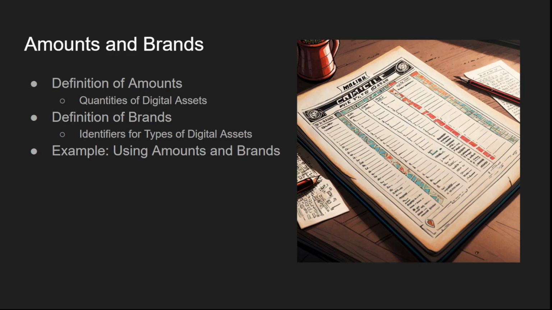Amounts and brands are crucial for all operations in the Agoric platform, from simple transactions to complex smart contract interactions. They provide a clear and consistent way to define and manage digital assets. Next, we'll discuss offers and offer safety, which are essential for ensuring secure and reliable transactions within the Agoric ecosystem.